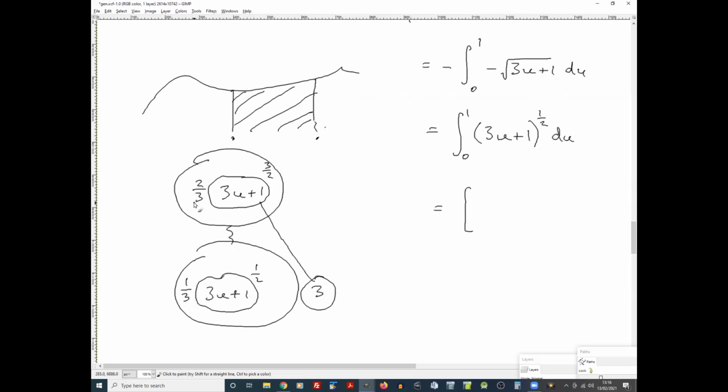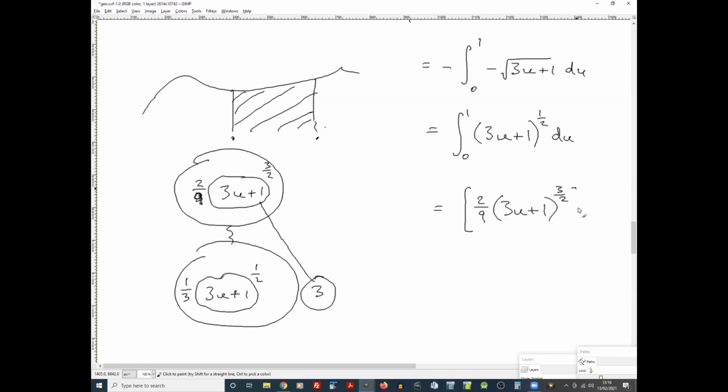Yeah. So our integral in the end is what? Our integral is 2/9. That's it. 3u plus 1. Yes, quite. 2/9 of that to the power of 3/2.